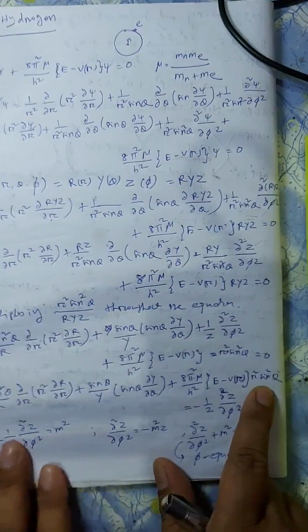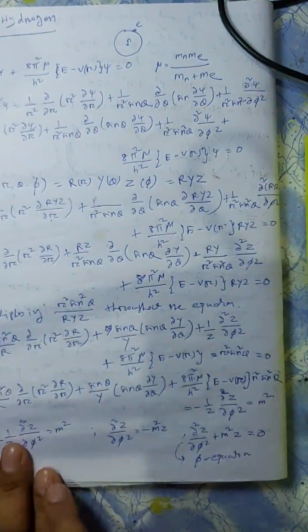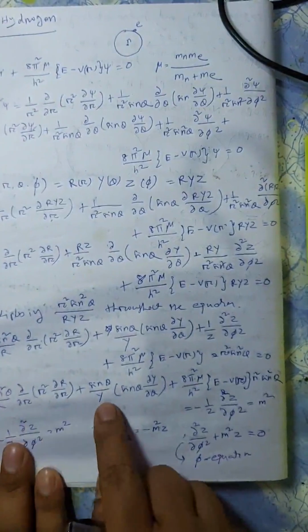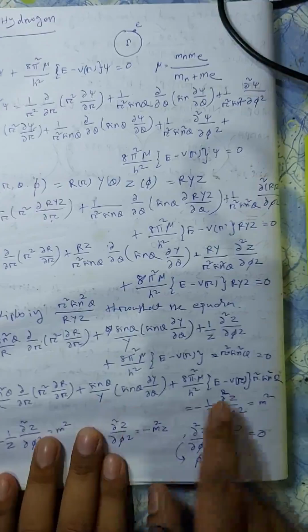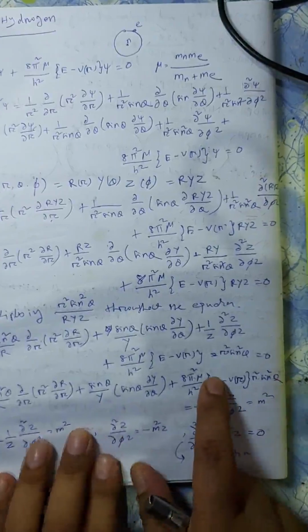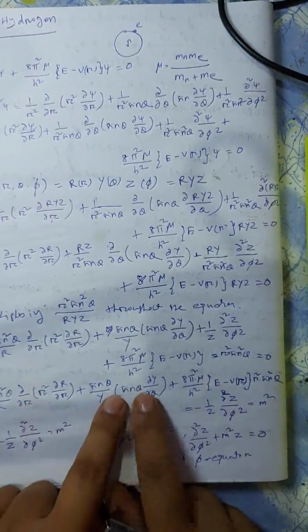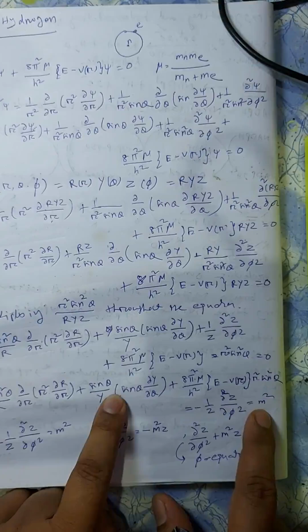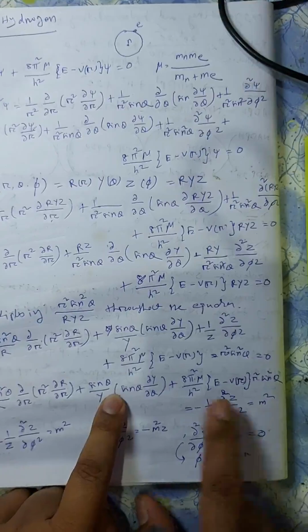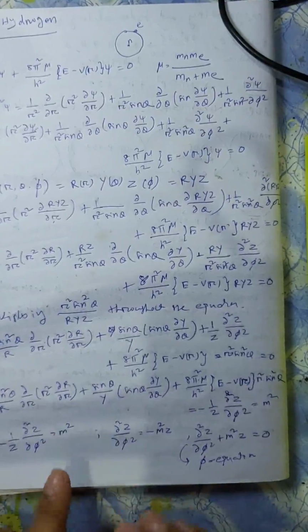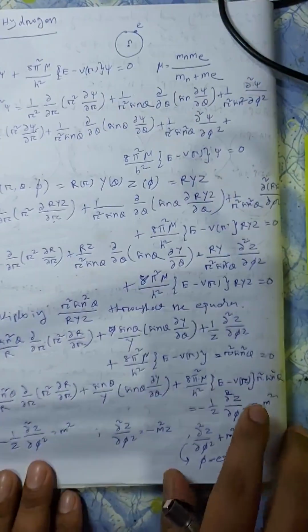What happens? Now sin²θ is removed, and 1/R ∂/∂r comes here, and 1/Θ sinθ comes here. Here sin²θ is removed, so this one and this one become R, and this one is Θ. Whatever we divide here by sin²θ, this is the Θ. This Θ is on one side, R is on the other side. Then we get the theta and r equations separately.